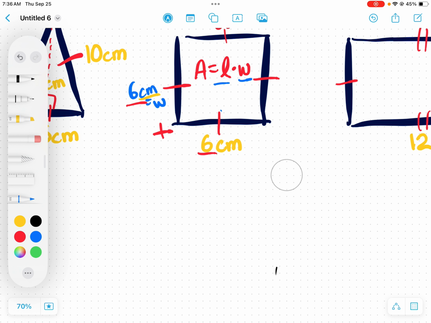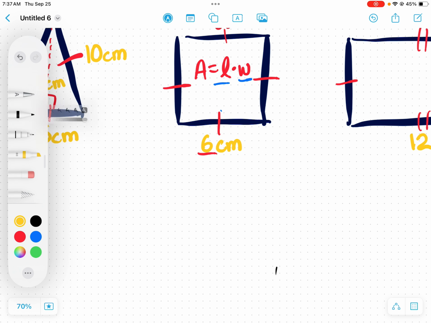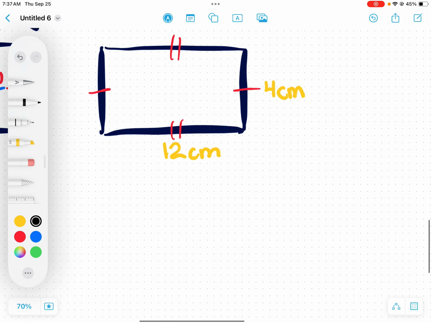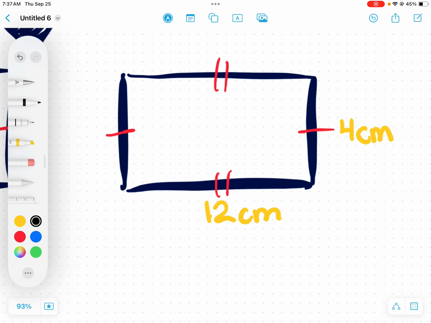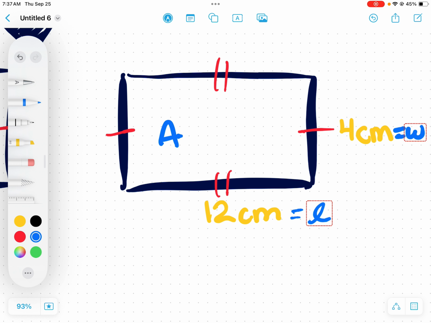Let's go ahead and do our rectangle over here. Okay. So here's our rectangle. We have a length of 12 centimeters and we have a width of 4 centimeters. Remember that area is length times width.